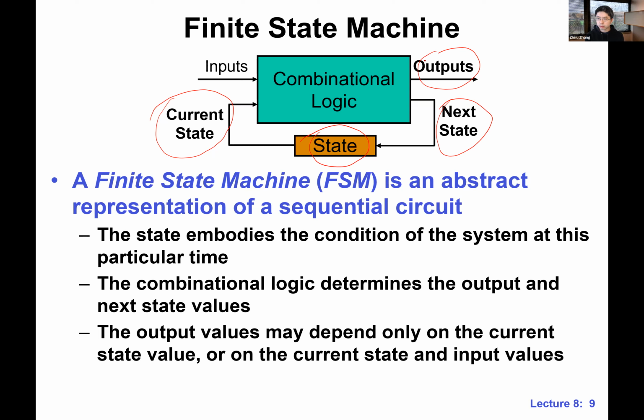Here's a question. Is state just a buffer, or does it implement logic on the next state output by the green box? Good question. First, we are talking about the abstract notion here. State, if you look at this, embodies the condition of the system. It literally captures the state of the system.